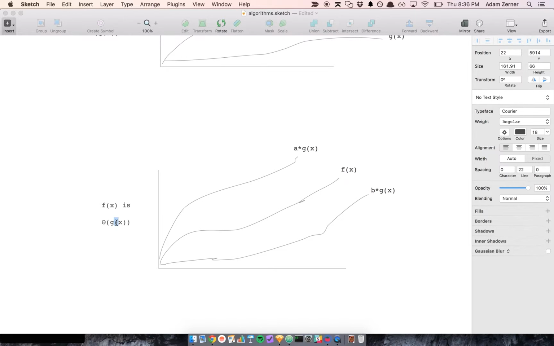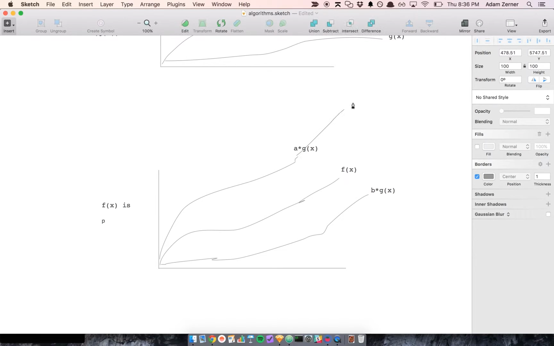This is a stronger statement, because we know f of x is going to fall within this bound. We can imagine that this goes out, and this goes out, and we know f of x is going to be somewhere in between.